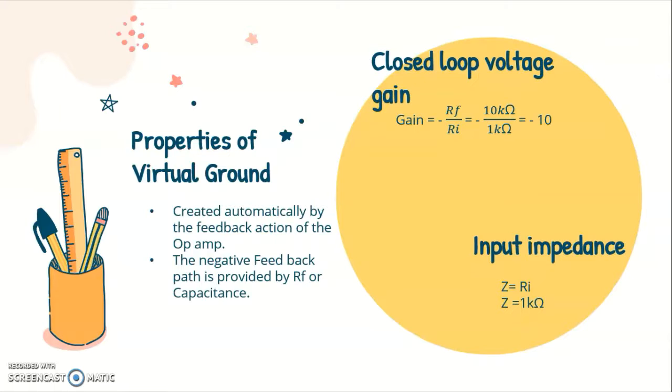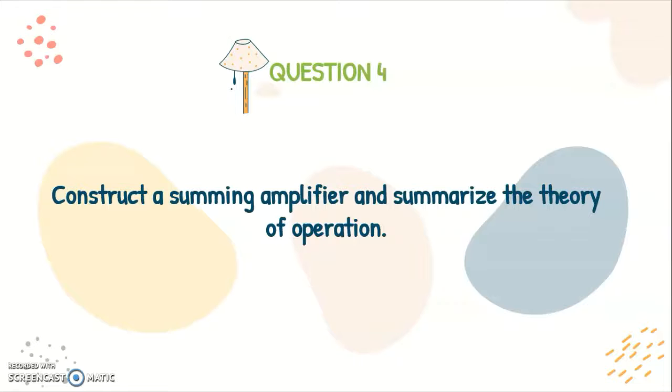In closed loop, the operational amplifier tries to match the two input terminals by supplying a potential to the inverting input terminal. Input impedance is approximately equal to the input resistance.